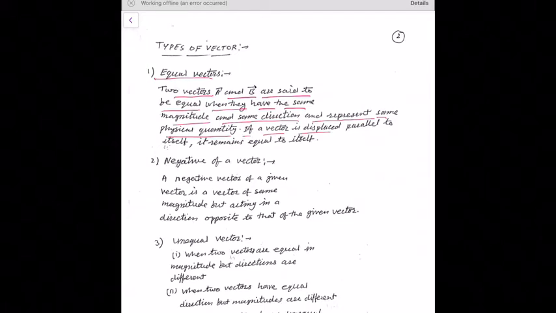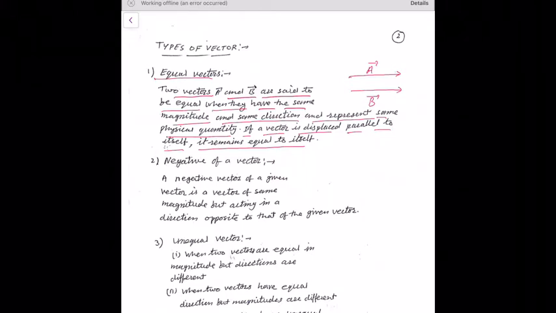If a vector is displaced parallel to itself, it remains equal to itself. Vectors A and B both are equal vectors because the magnitude, meaning the length of A and B, is the same and the direction is also the same. So both A and B are called equal vectors.